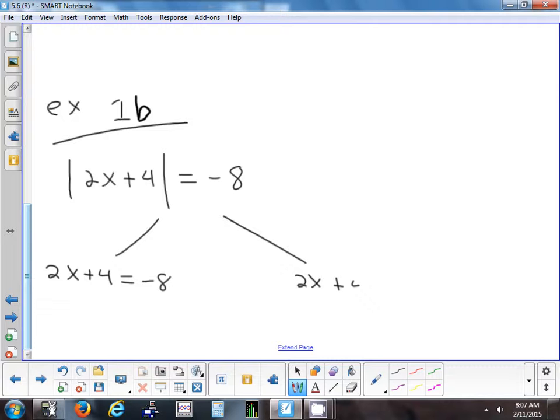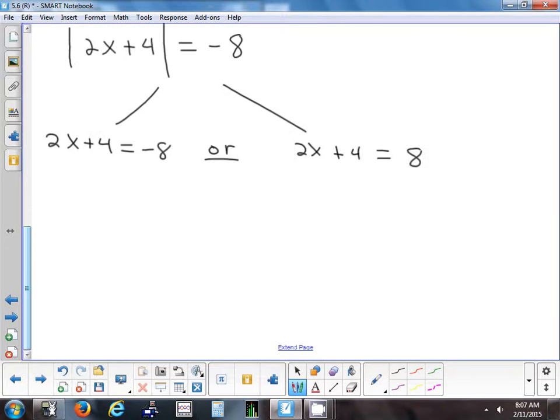Next equation, same as the original, except we get rid of the bars and change the sign of the number on the other side. Notice this time it was already negative, so we made it a positive. And put the word or between them. We'll solve the equation on the left by first subtracting 4 from each side.